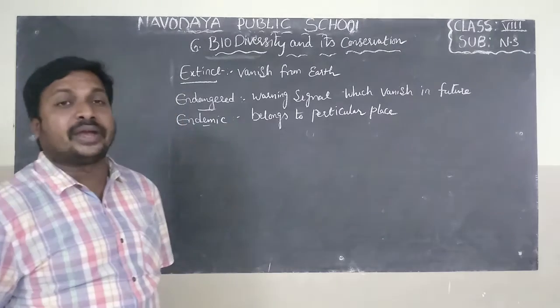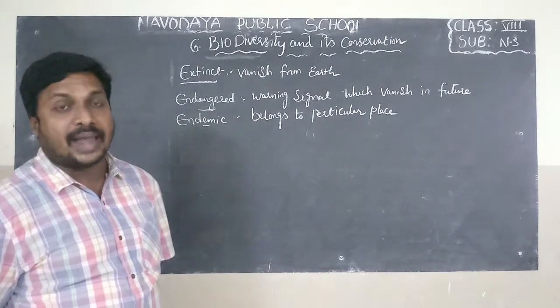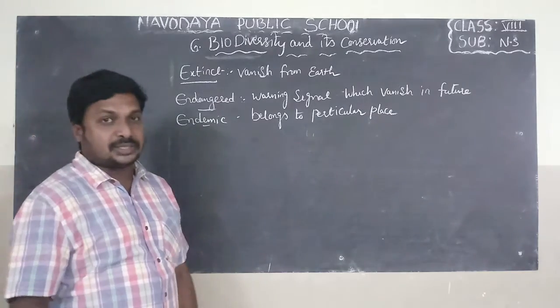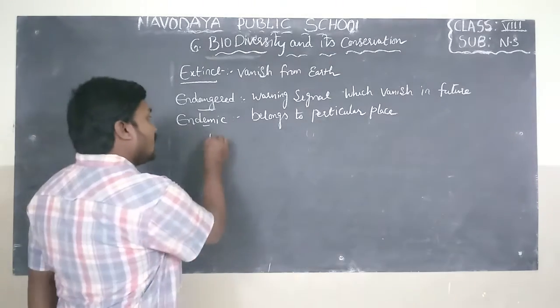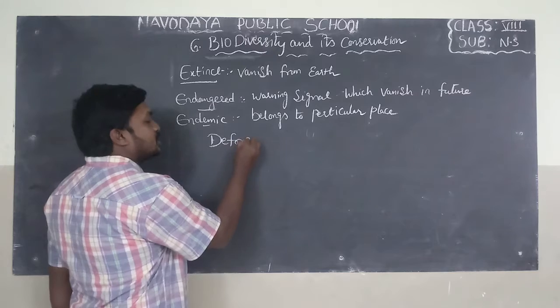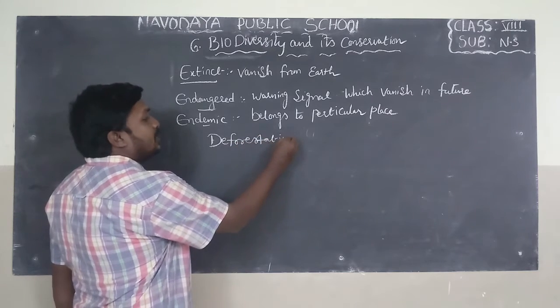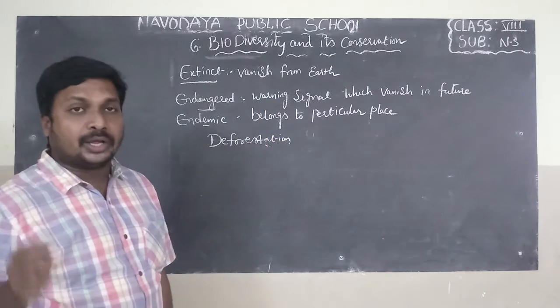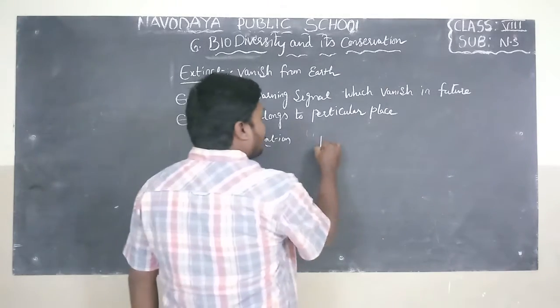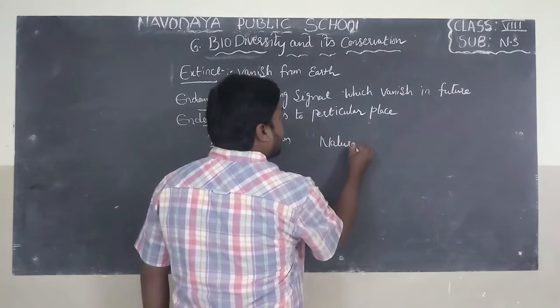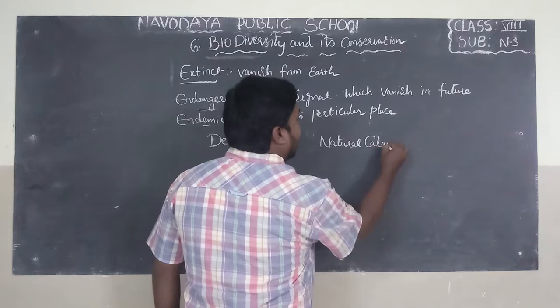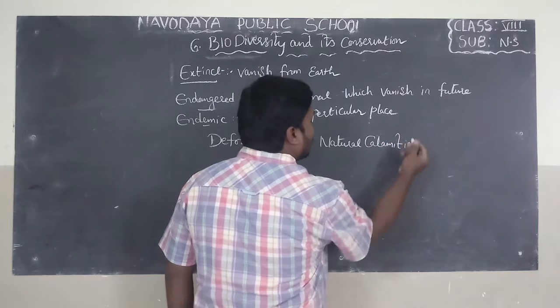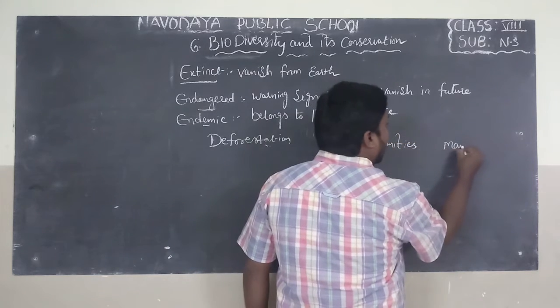Do you know, nowadays we are destroying the natural habitats of forests. We are clearing the forest. That is known as deforestation. If you observe, biodiversity will be destroyed in two ways. One is due to natural calamities and the other is due to man-made activities.